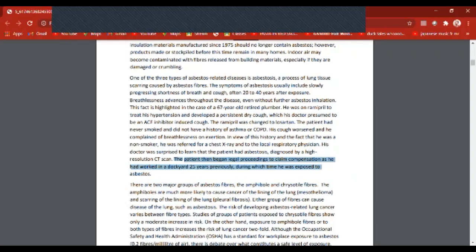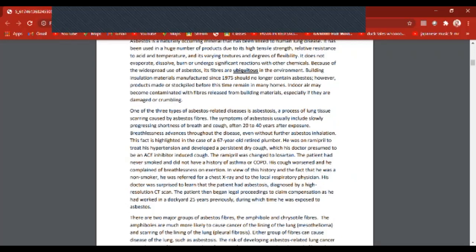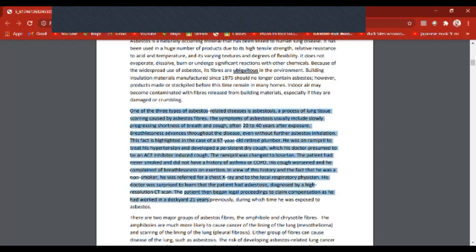He worked 25 years ago, correct? And the second thing is that it includes slowly progressing shortness of breath, often 20 to 40 years after exposure. So overall, we read this case study, right?